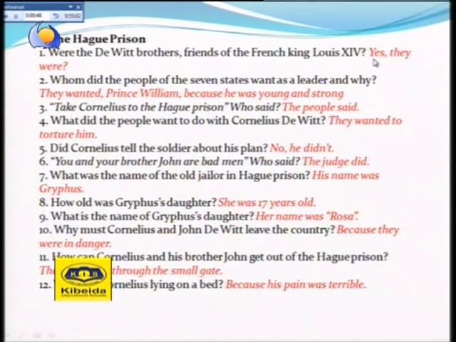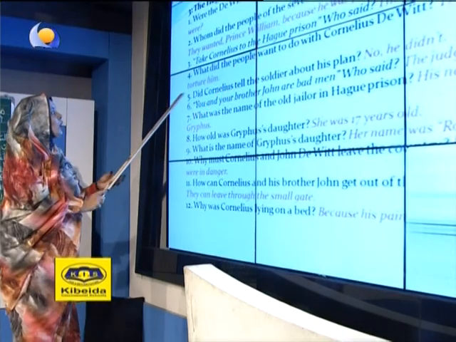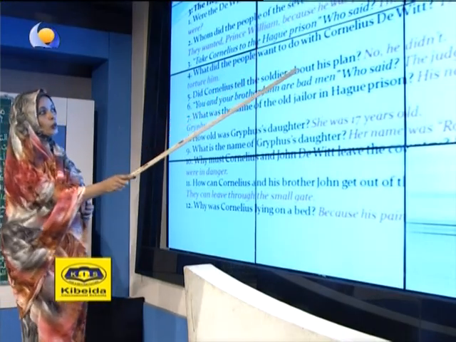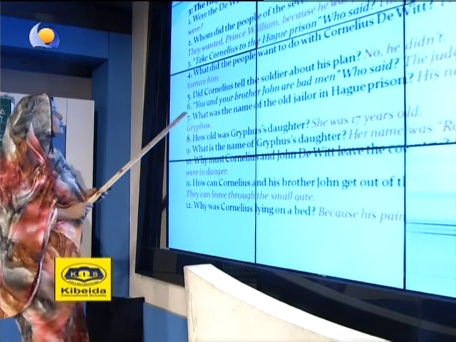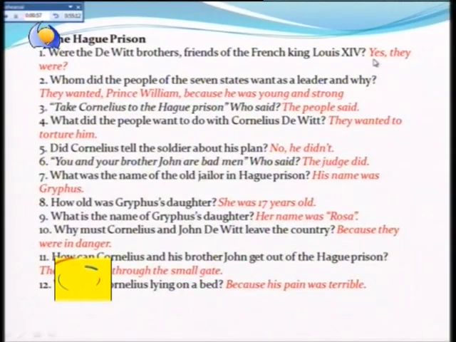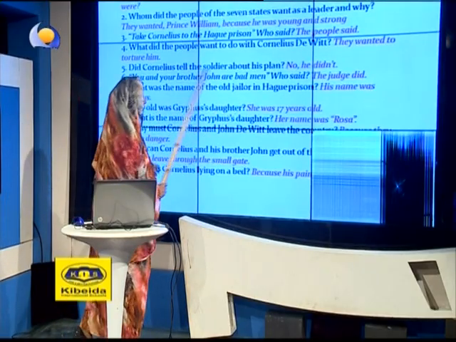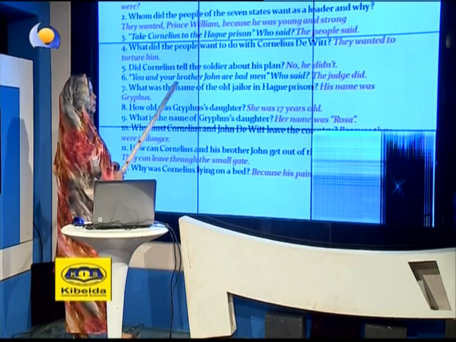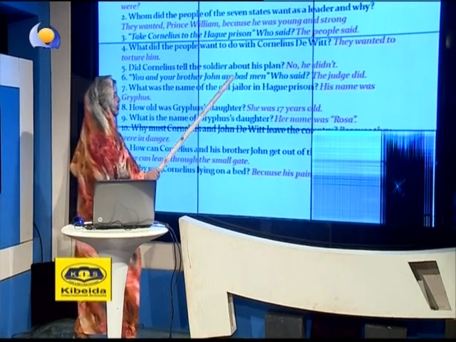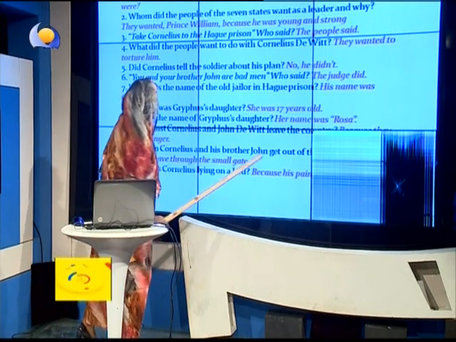Take Cornelius to the Hague prison. Who said this? These were the angry people. What did the people want to do with Cornelius DeWitt? They wanted to torture him. Did Cornelius tell the soldier about his plan? No, he didn't. You and your brother John are bad men. Who said this? It was the judge.